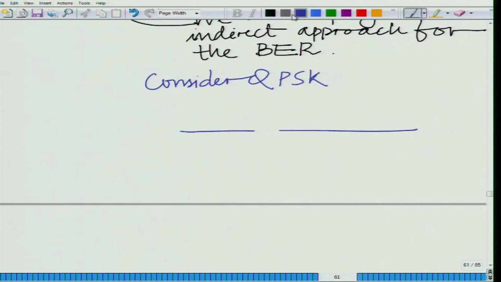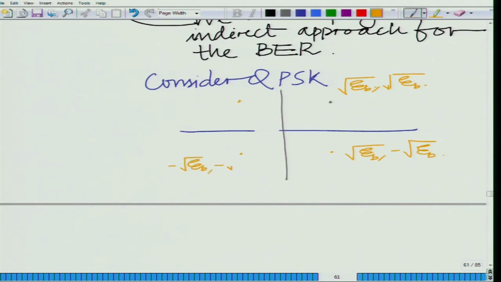In QPSK, if I draw the constellation, I have 4 points: (square root of EB, square root of EB), (minus square root of EB, square root of EB), (minus square root of EB, minus square root of EB), and (square root of EB, minus square root of EB).